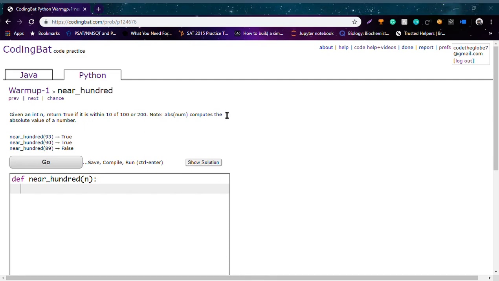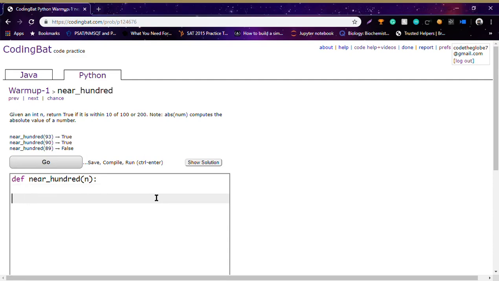But if it's 90, we need to add 100, but it's still within 10 of 100. So that is the reason we use absolute value. We subtract these numbers from 100. 100 minus 90 is 10, so we can know that it's within 10. But 100 minus 110 is negative 10. And Python doesn't accept that if we just write the conditional as less than or equal to 10. So we need the absolute value to compute the result.